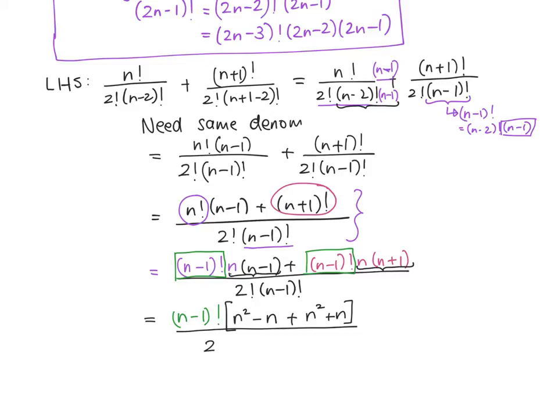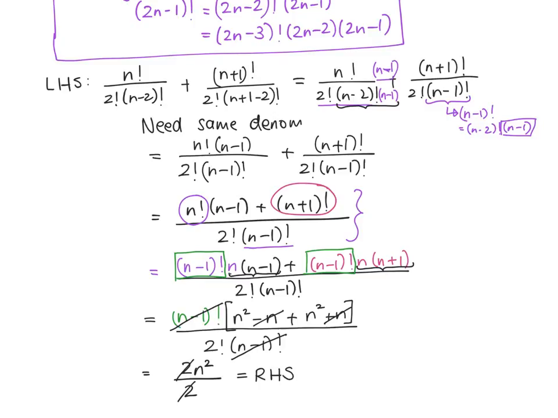And that's all over 2 factorial times n minus 1 factorial. Now we see the usefulness of having rewritten our numerator, because we can cancel our n minus 1 factorial in the numerator and the denominator. In our numerator, we've got a minus n, and that cancels with a plus n. And we're left with 2n squared in the numerator and 2 factorial, which is just 2, in the denominator. So those 2's will cancel, and we're left with n squared, and that was equal to our original right-hand side.